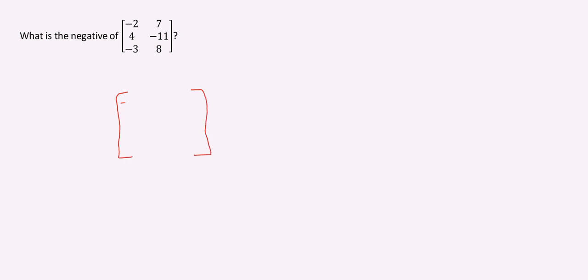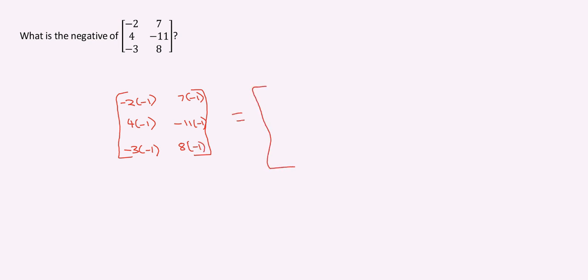So we have negative 2 multiplied by negative 1, 4 multiplied by negative 1, negative 3 multiplied by negative 1, 7 multiplied by negative 1, negative 11 multiplied by negative 1, and then 8 multiplied by negative 1.